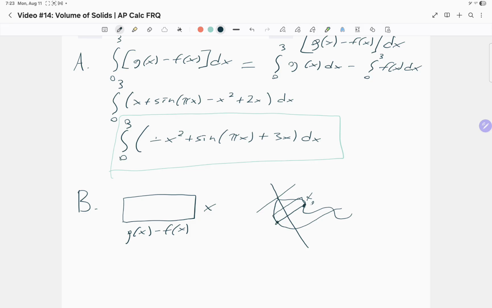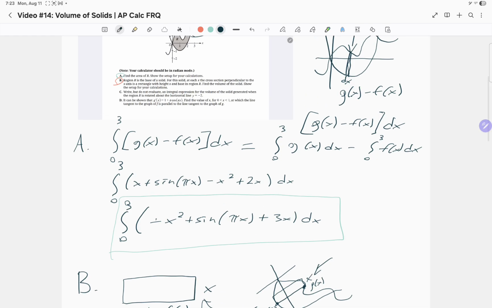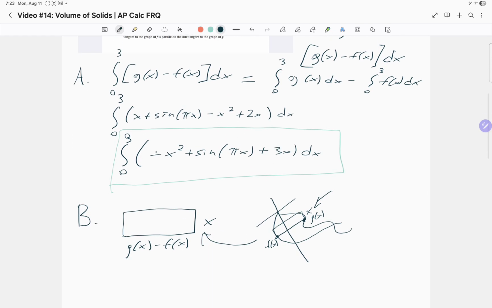And what was this? This was g of x, and this was f of x. So that's where we got what we got here. Imagine that this x here, the height of the rectangle, is coming out to you on the page. It's sort of popping out. I tried to show that, not very well, but that is what we're getting at. And so in order to find the volume of this 3-dimensional solid, we're going to have to add up all these little slivers.